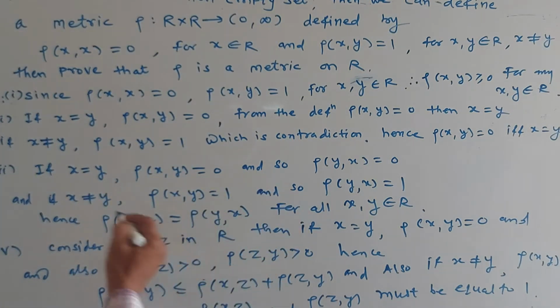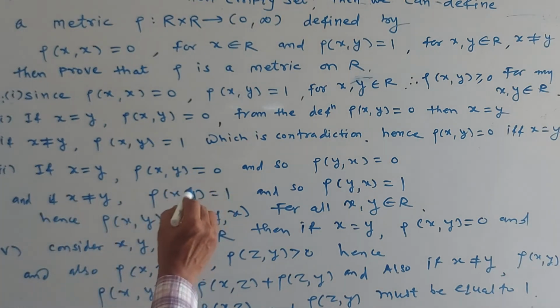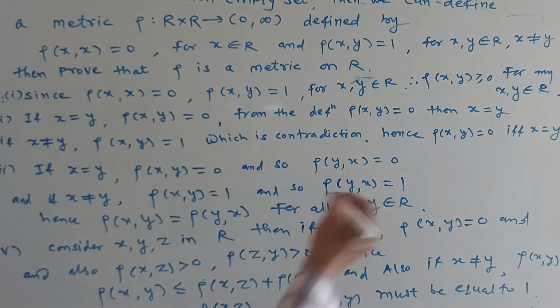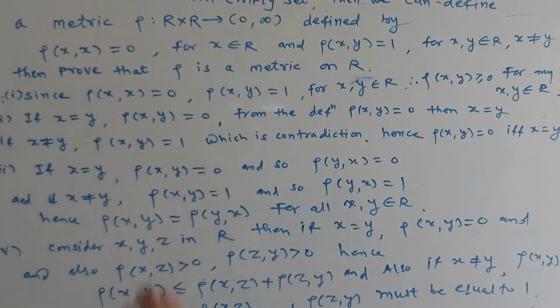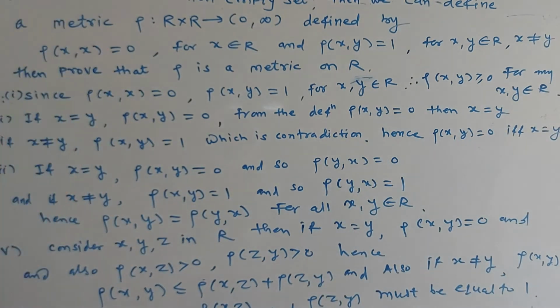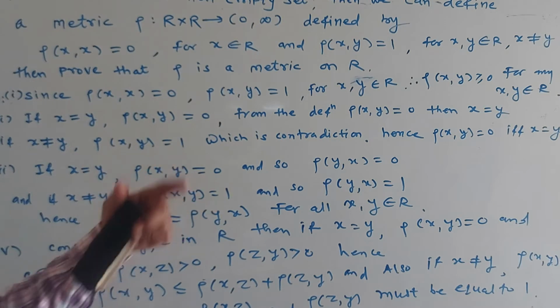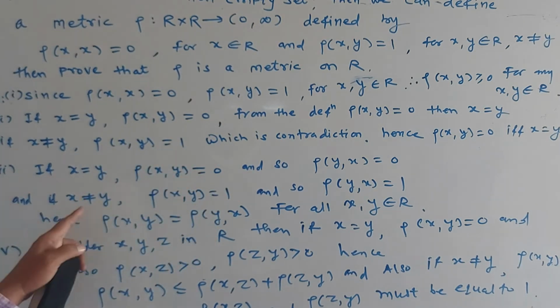Now, for the third property, what is the third property? Symmetric property. If x is equal to y, then what is given? Rho of xy is equal to 0, and so rho of xy is equal to 0 implies that rho of yx is also 0. If x is not equal to y, here there are only two cases: x is equal to y, and x is not equal to y.